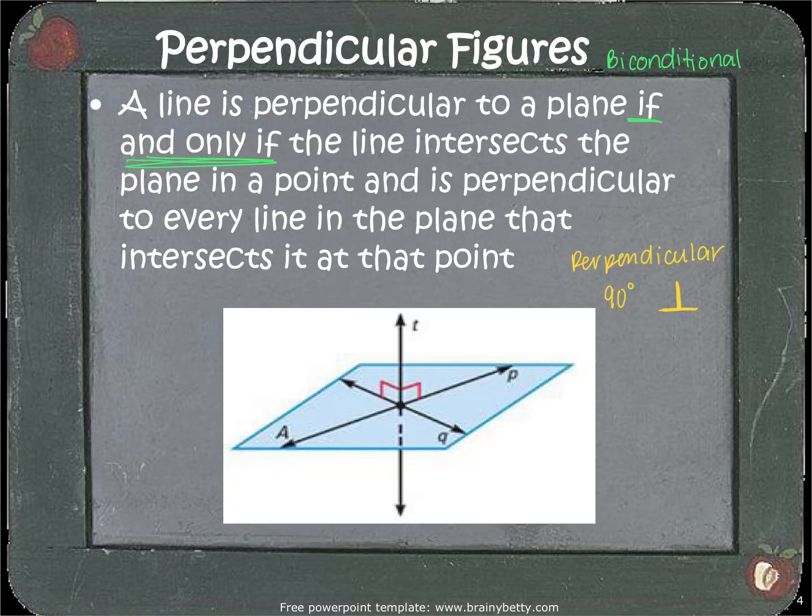So this is basically saying that at point T, since it is perpendicular, and how can I tell? Because of this little half square right here, this 90-degree mark, my right angle. Because this is a right angle to my plane, every line that goes in here will be perpendicular.